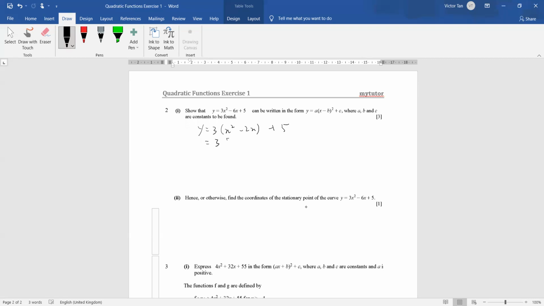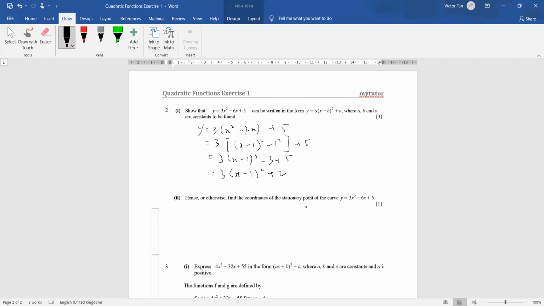Then complete the square. Again, half of minus 2 is minus 1. And minus this number 1 squared plus 5. So you have 3, expanding, minus 3 plus 5, so it is 3(x minus 1) squared plus 2.